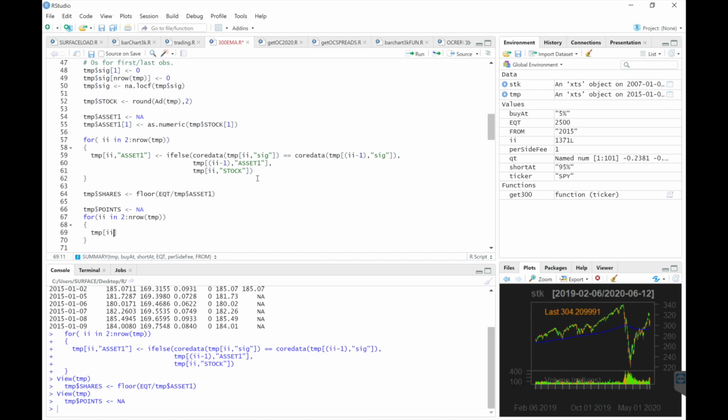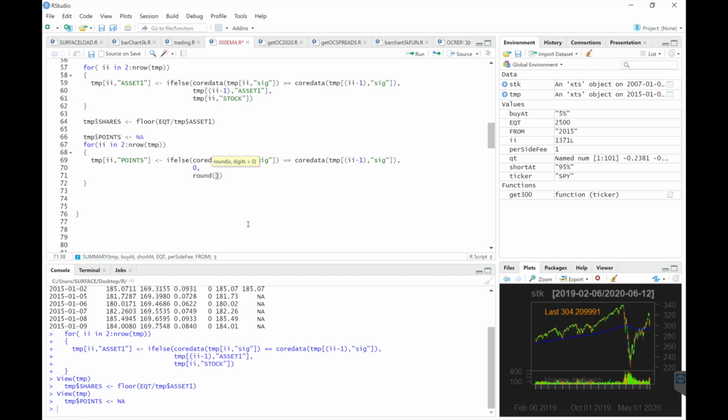We'll do temp ii points. We'll use an if else again. We'll copy this. So we're going to calculate points whenever the signal changes. So if the signal is the same, it generated 0 points. Otherwise, we're going to do round.